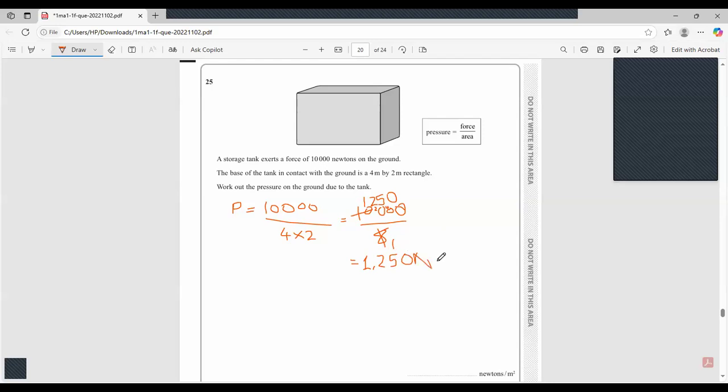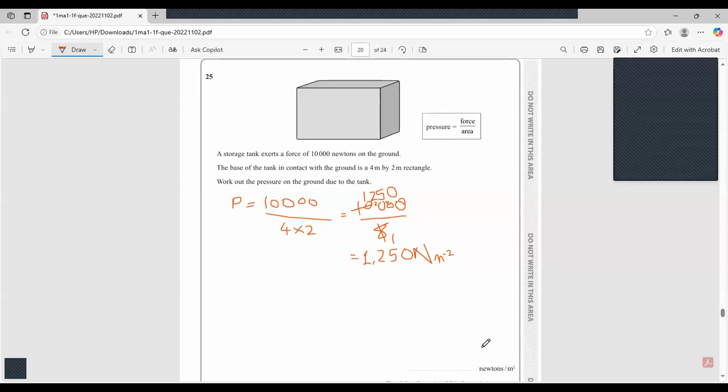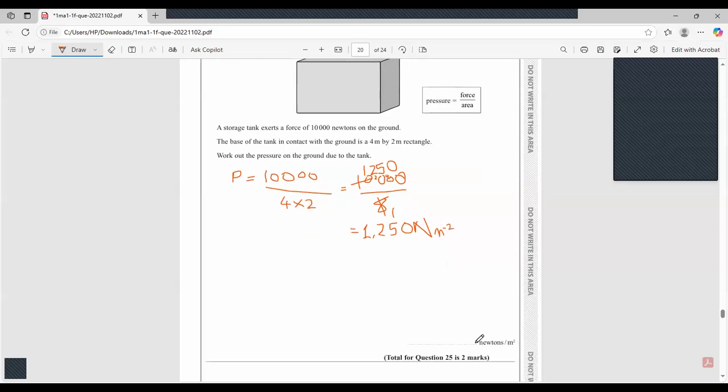So that's the answer, newton per meter square. You can either write it like this or write it the way they wrote it here. Either of them is still the same thing.